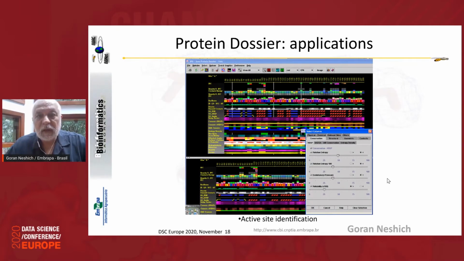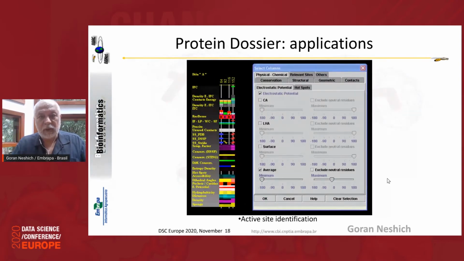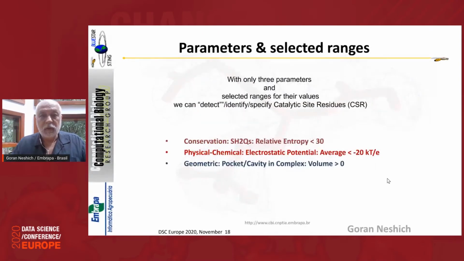And then we can select certain parameters, with numerical ranges, to see if we can get rid of all the other amino acids and get a reduced set of parameters that defines only those three. And we can do that. Here's how we quickly get to only those three using only these three parameters. The conservation: those are very conserved amino acids. They are negatively charged, and they are at the pocket.